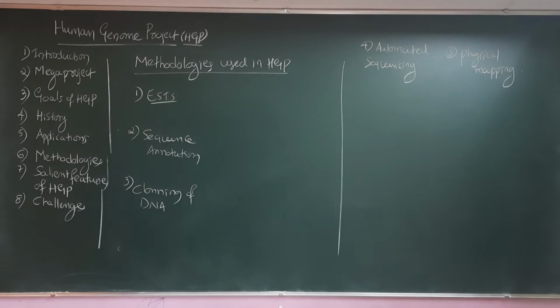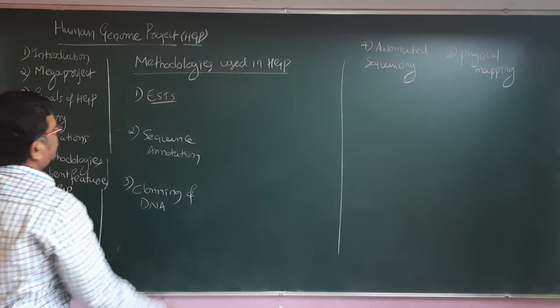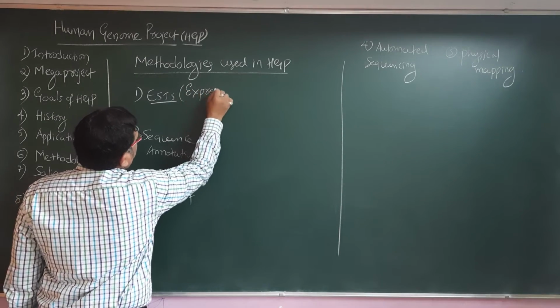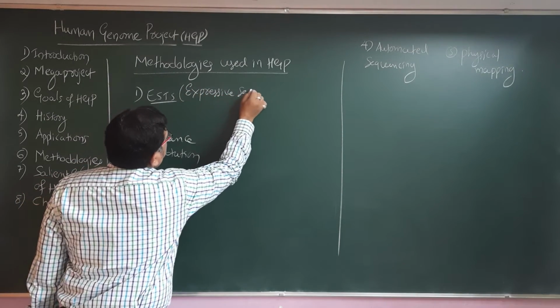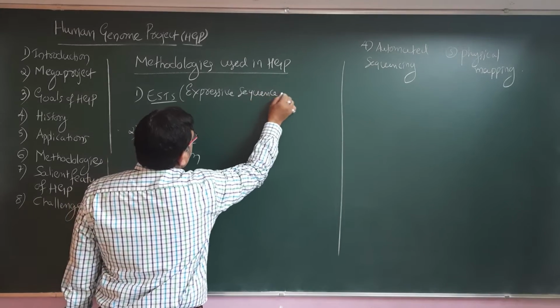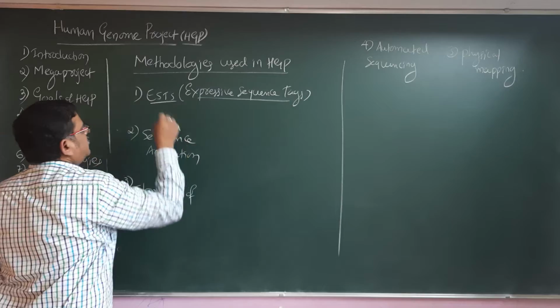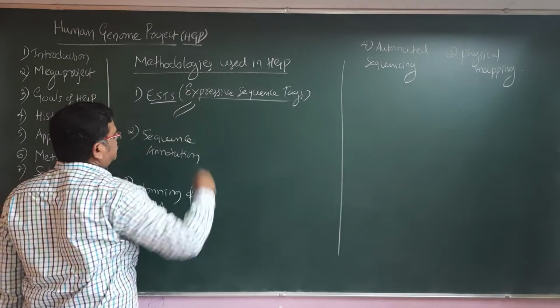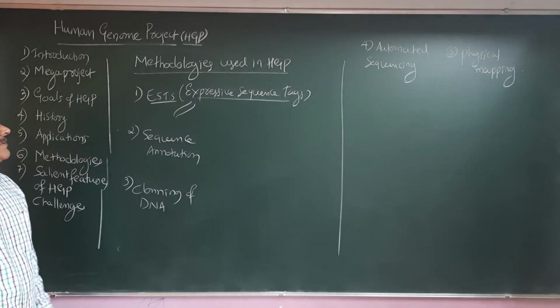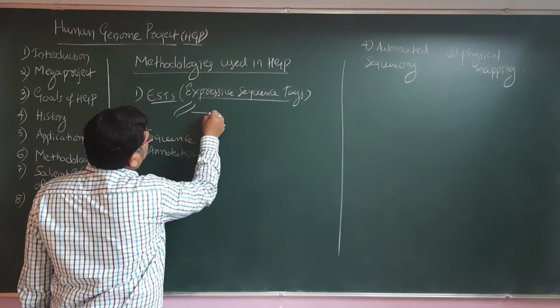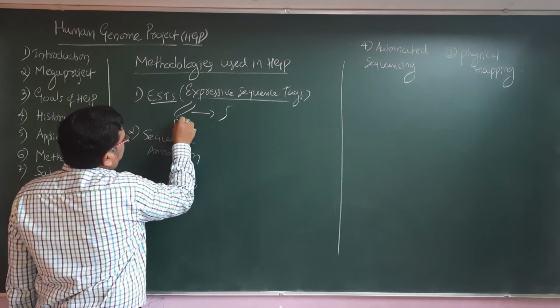EST refers to expressed sequence tags. Means what? The DNA has an enormous amount of sequences, but not every DNA sequence forms RNA.